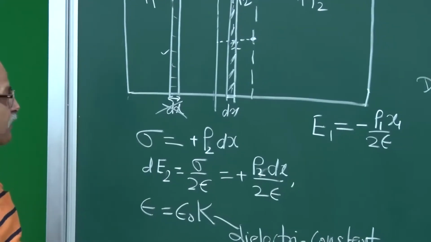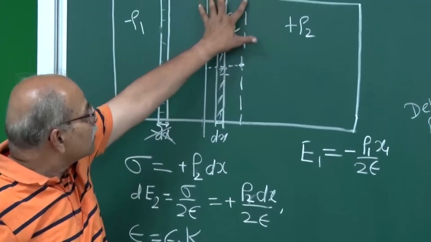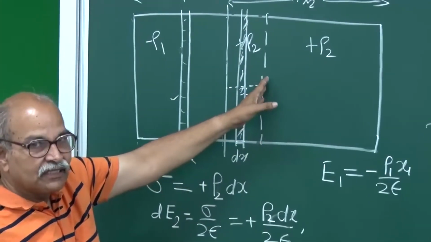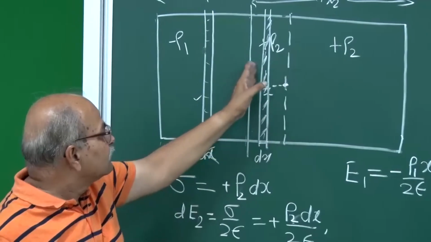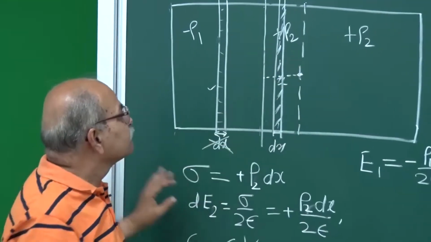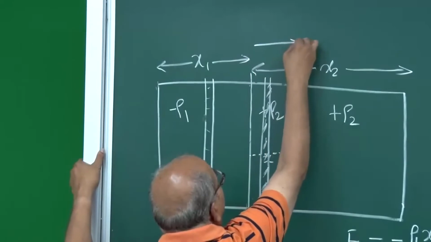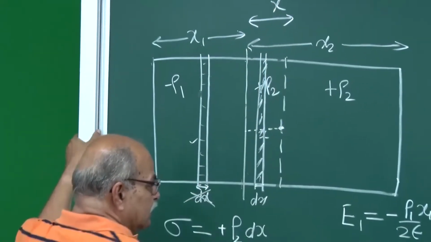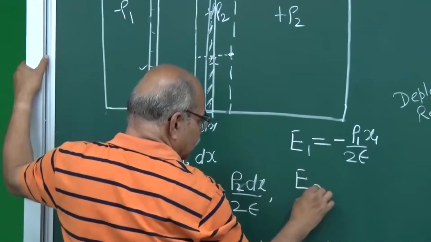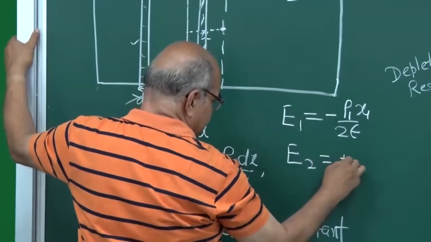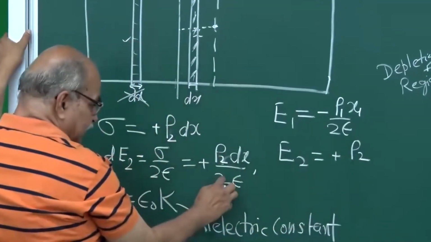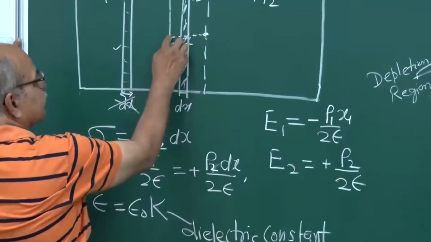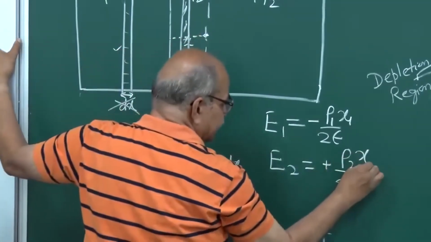So what is the electric field due to this part, which is positive charge plus rho 2 to the left of the point chosen? This whole length is just x. So E2 is equal to plus rho 2 divided by 2 epsilon, and then dx is integrated from here to here, which is just x.